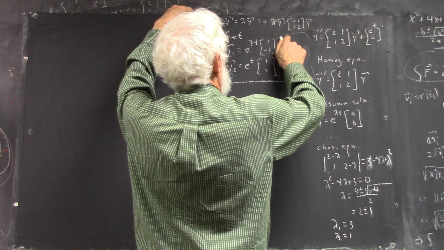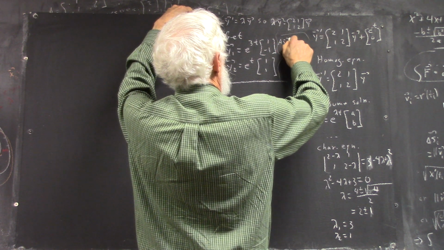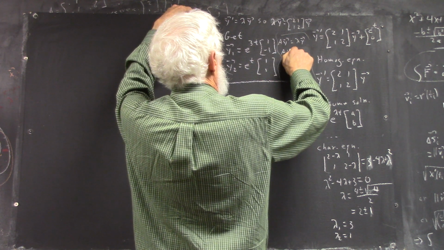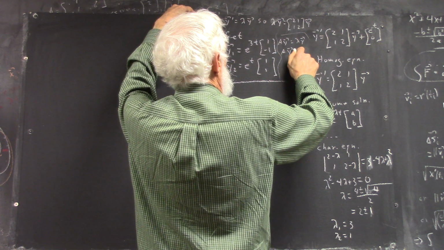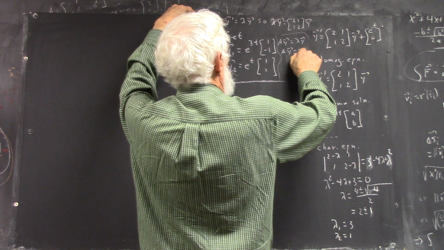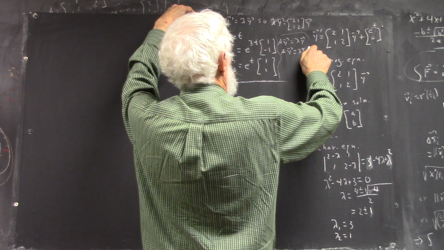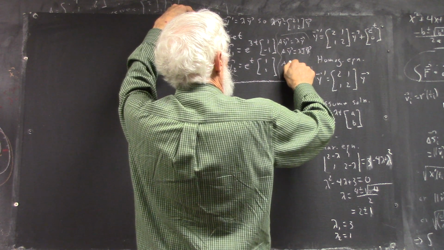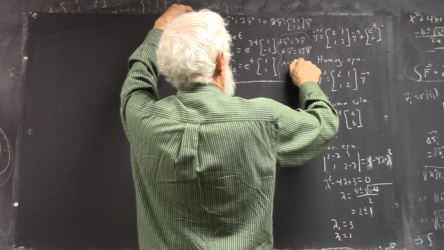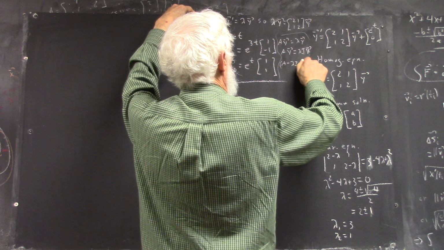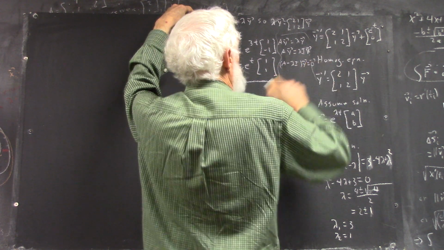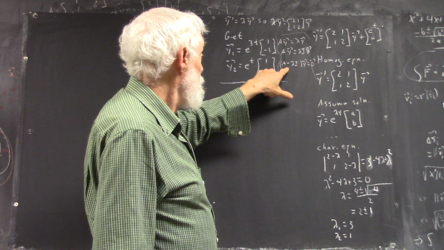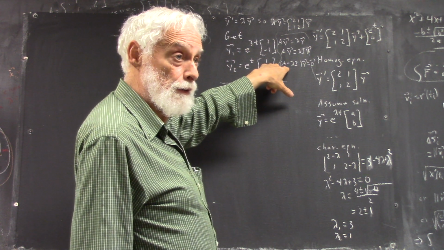This is the form Ay equals lambda y, which is the form Ay equals lambda I times y, which is A minus lambda I, y equals 0. Can only have a solution if the determinant of this thing is 0.